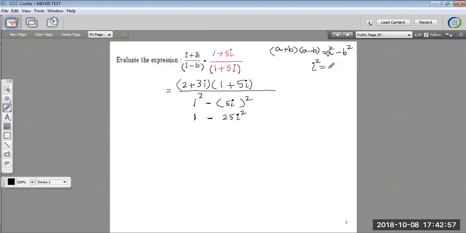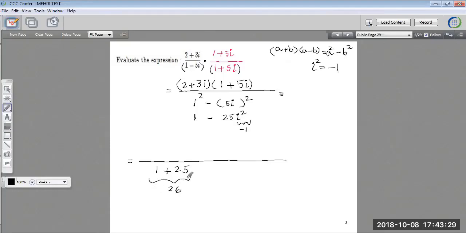So if I replace i squared with minus 1, at the bottom of the fraction, I would get 1 minus, then minus 25 would be plus 25. That would be 1 plus 25. So I would get 26 at the bottom of the fraction. I eliminate the i at the bottom of the fraction by multiplying it by its conjugate.